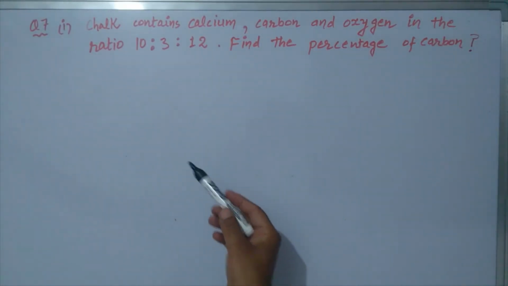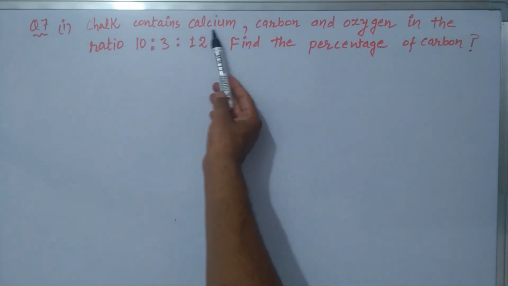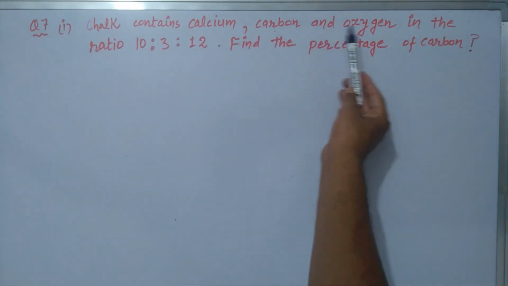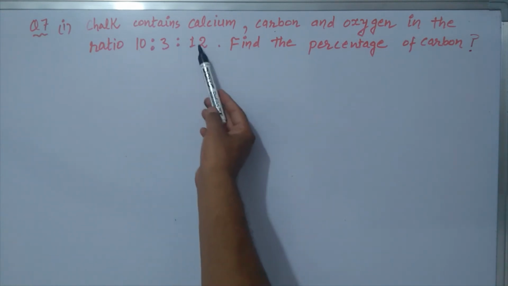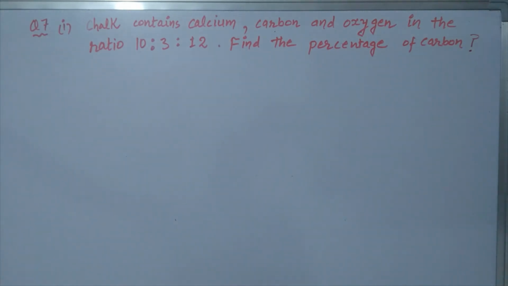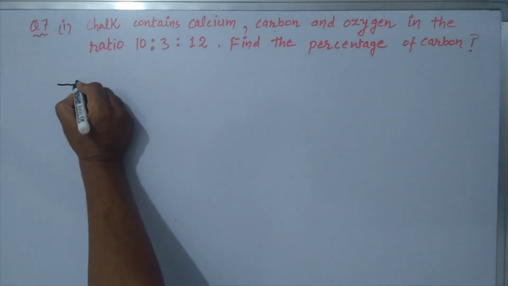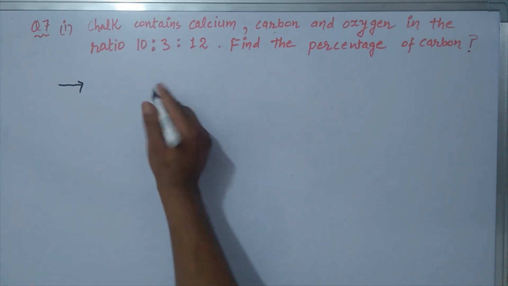Question number 7, first part is chalk contains calcium, carbon and oxygen in the ratio 10:3:12. Find the percentage of carbon. So here first of all we add the numbers in the ratio.